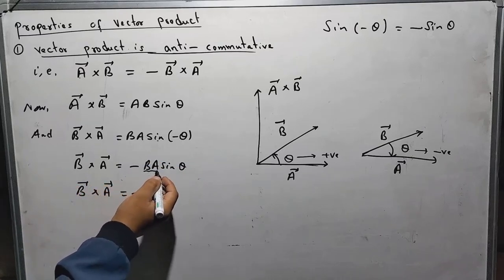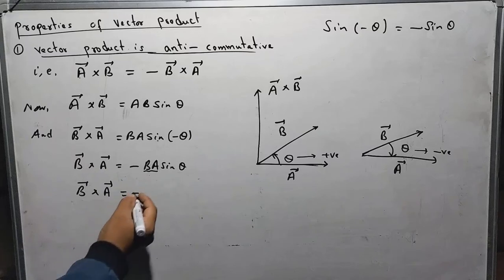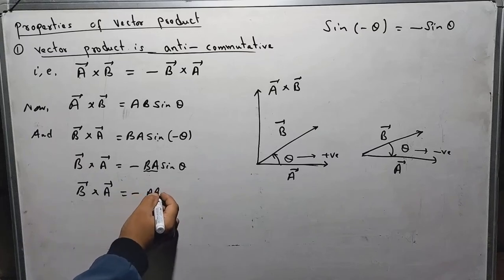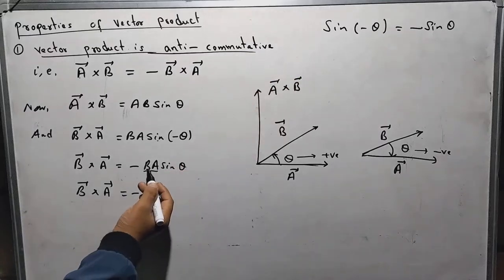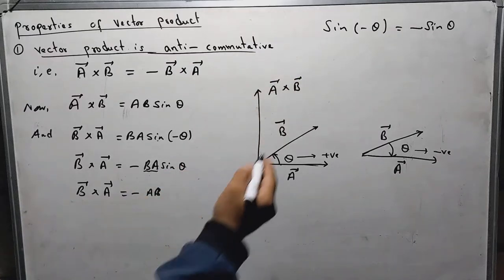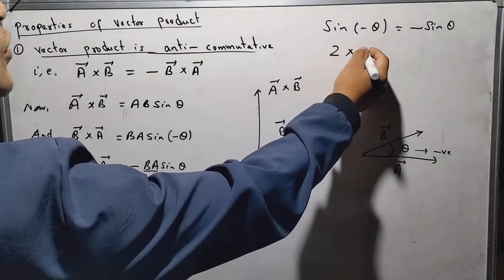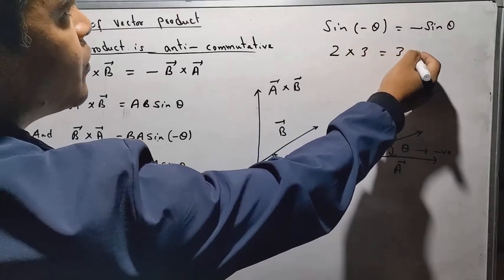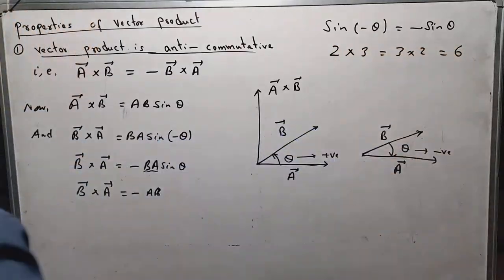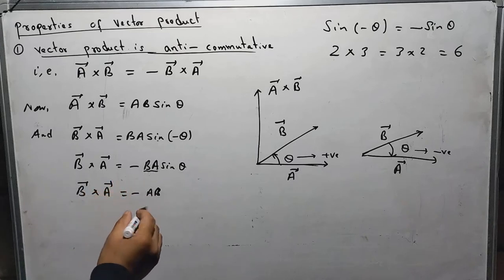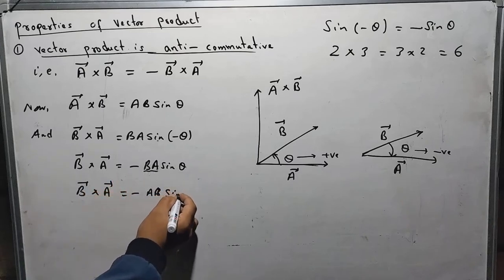Now the product BA is the same as AB. The product of the magnitudes is commutative, because B and A are magnitudes, so they are just like multiplying numbers. 2 into 3 is the same as 3 into 2, because the result is 6 always. So instead of BA, I'll write AB and then sine theta.